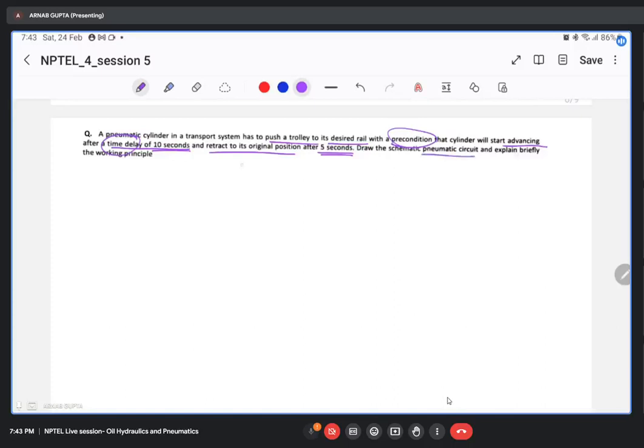So you have a pneumatic cylinder. It will start advancing after a time delay of 10 seconds. Okay, so let's start from the power.